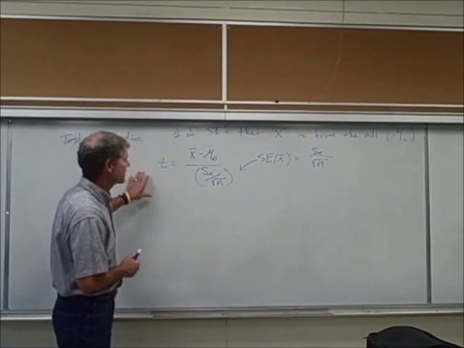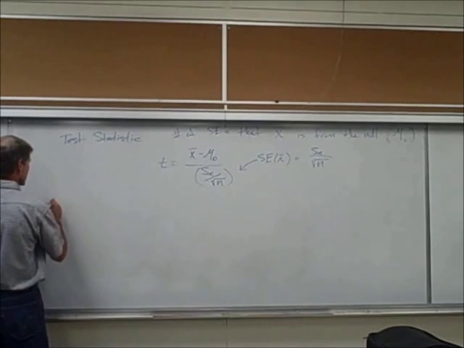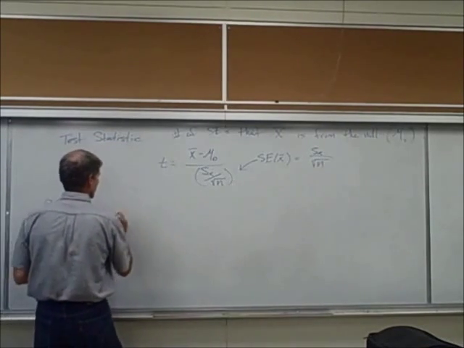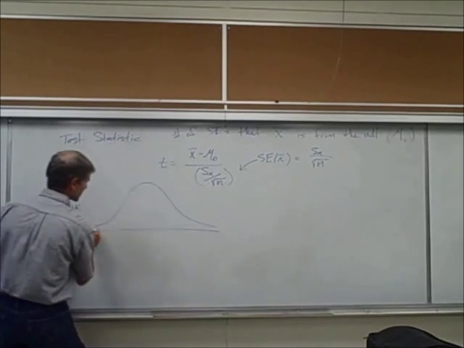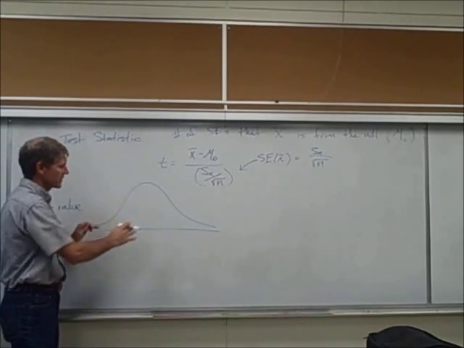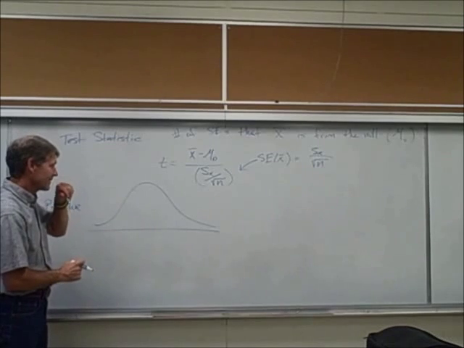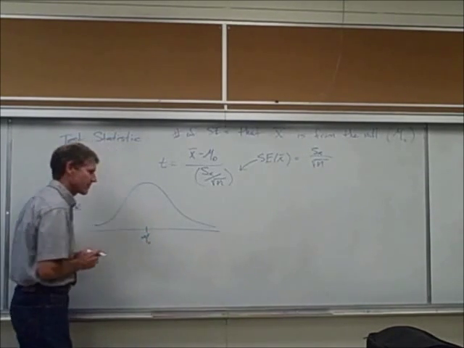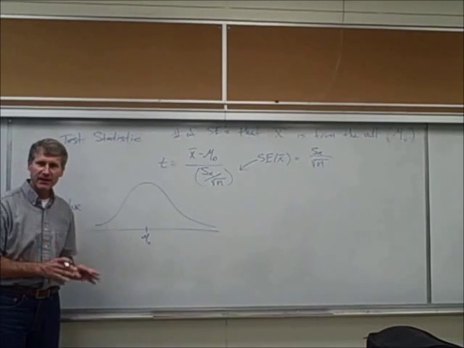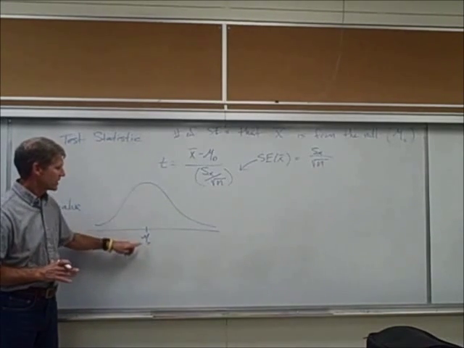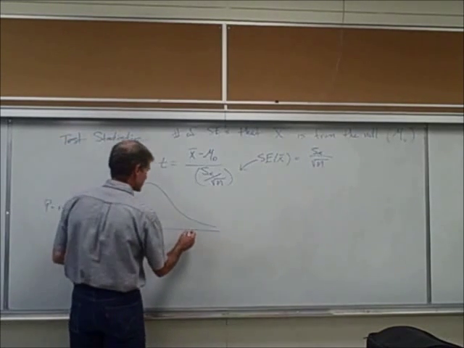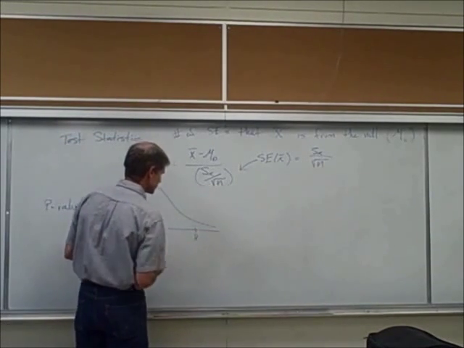Okay? So the p-value then is computed from the t-distribution, which is bell-shaped and symmetric, a lot like the normal distribution, but a little bit more spread out. Suppose I have my mu 0 right there, and if the null hypothesis is true, this will be centered at mu 0. And let's suppose I get an x bar that's right there.